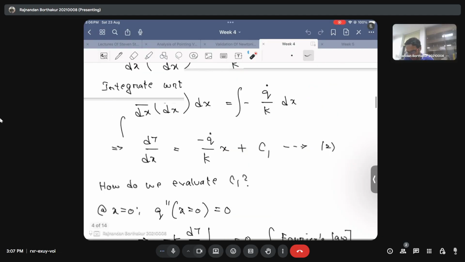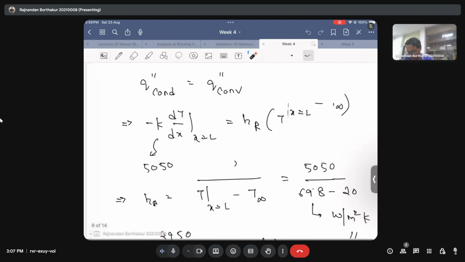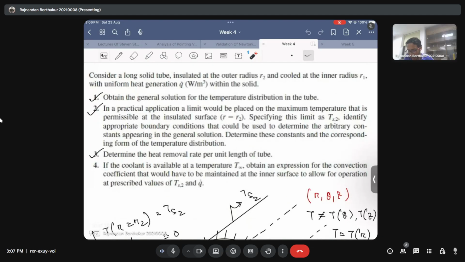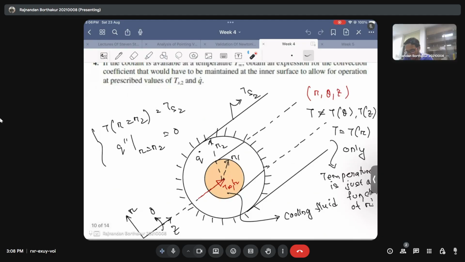Thereafter, we almost solved one particular problem where we used this fact in cylindrical geometry, where there was a cylinder of inner radius R1 and outer radius R2, and a heat source generating heat with some magnitude Q dot. It was given that the exterior surface of the cylinder is insulated, and also maintained at a temperature Ts2.